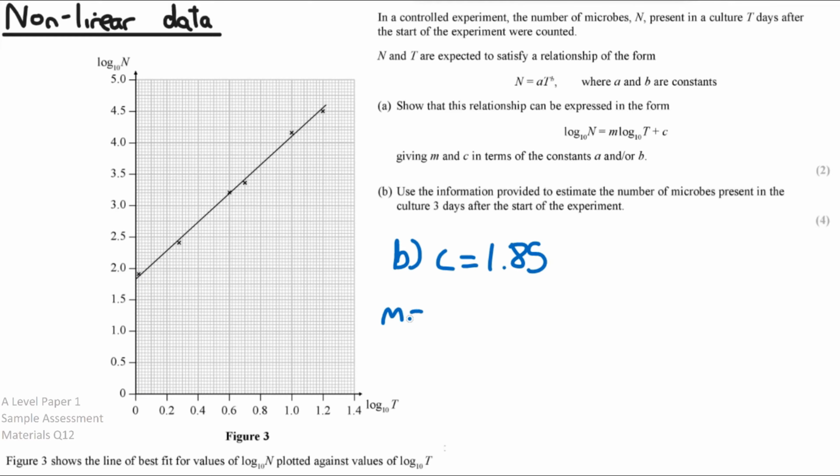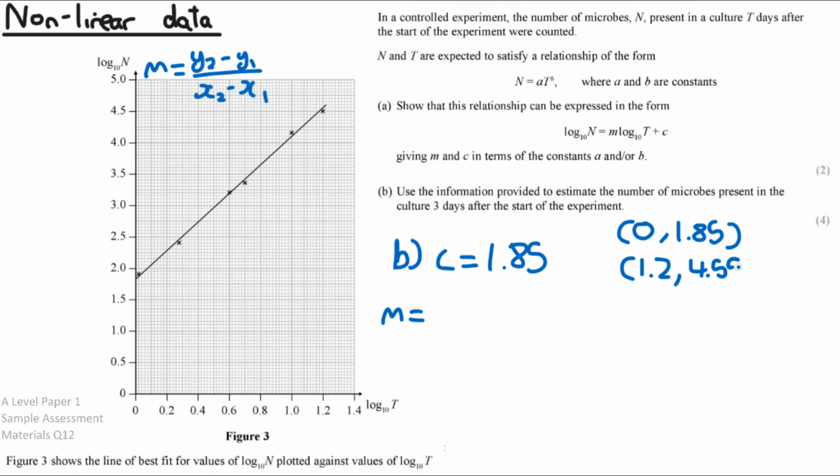And then the gradient is going to be equal to, and basically we need to find 2 points on the line and then find the gradient using, remember, the equation of the gradient: m is equal to y2 minus y1 over x2 minus x1, where we have 2 points. The 2 points I'm going to use are the actual y-intercept, which is (0, 1.85), and this point all the way up here, which is, as I can see it, (1.2, 4.55).